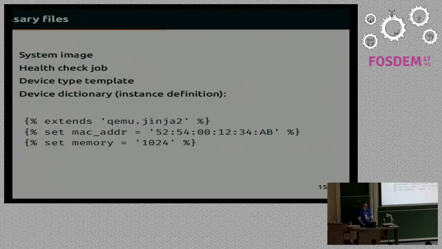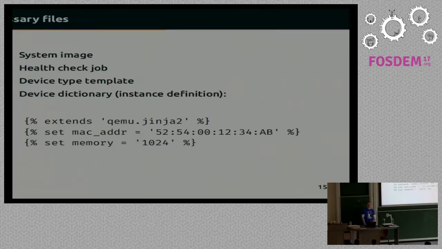As for other requirements that you'll need to set it up, of course, a system image for your Linux board, some health check job, which together with the system image is already provided in Lava by Linaro. Also, a device type template, and for QEMU, which we'll focus on today, it's already available in the default Lava distribution as well.